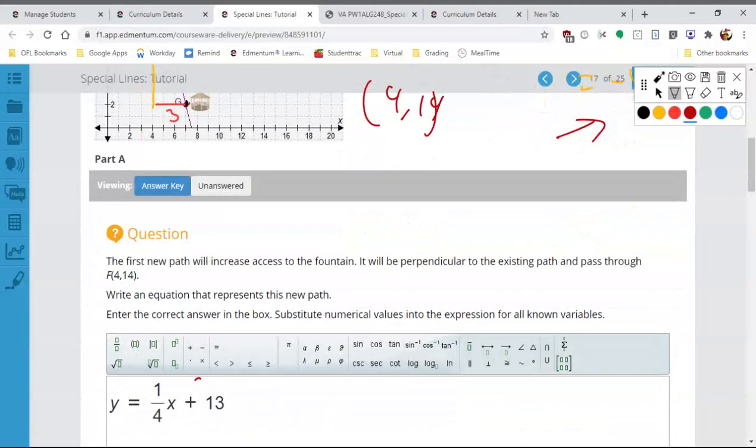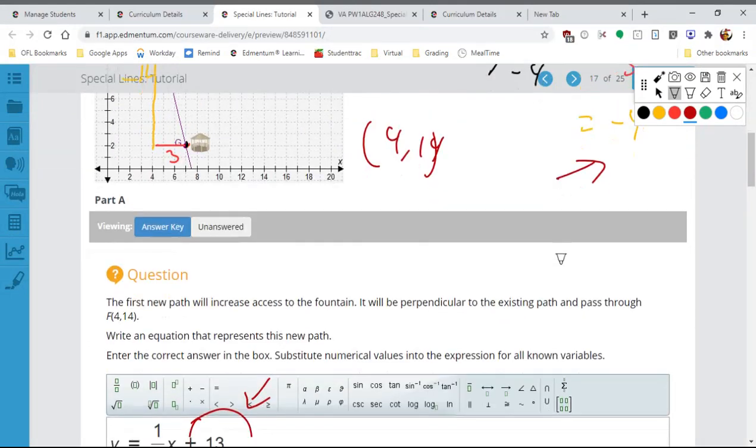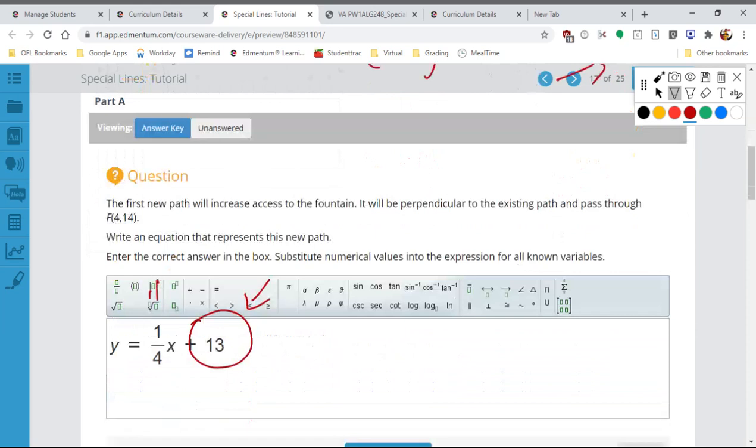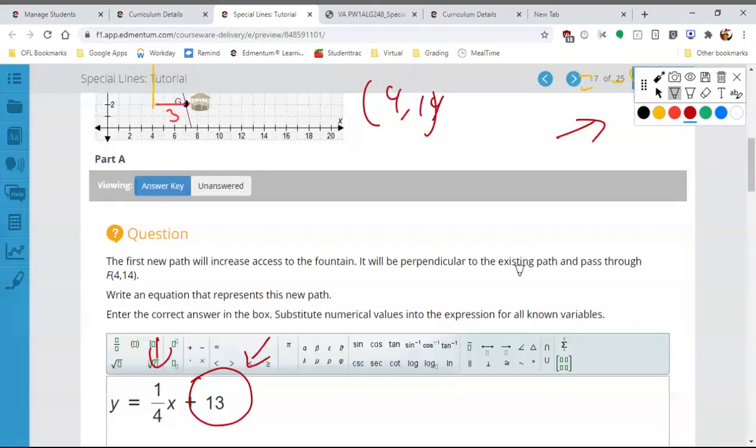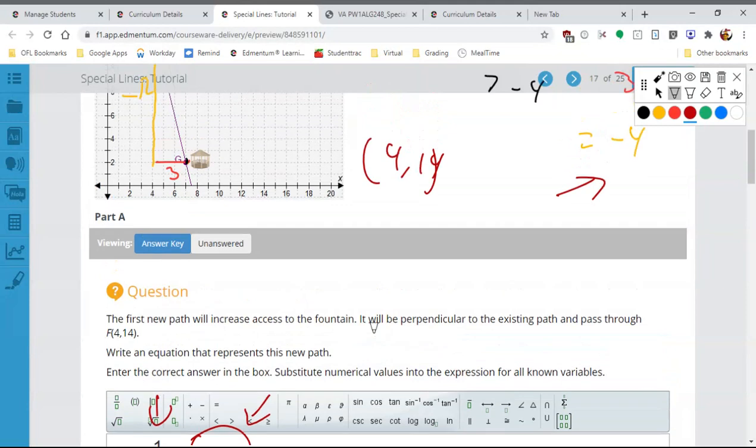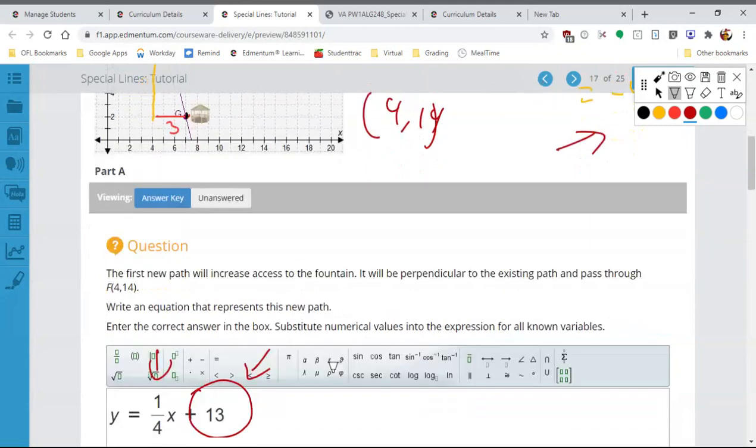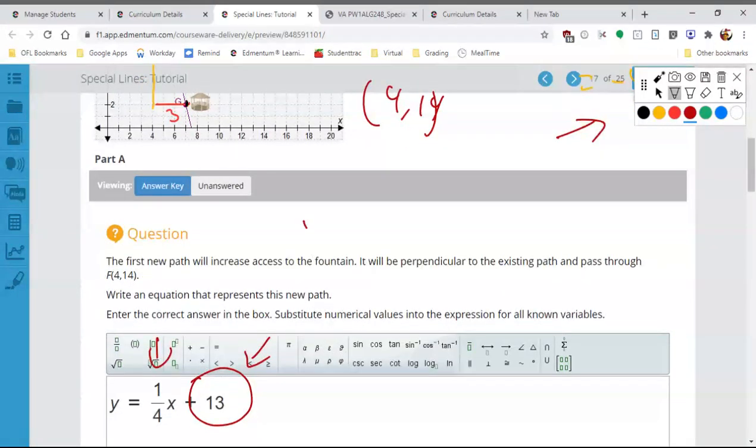Now, does anyone remember how they got the 13? How am I going to figure out this 13 if I know my slope? Does anyone want to answer that? Remember, this is y equals mx plus b.